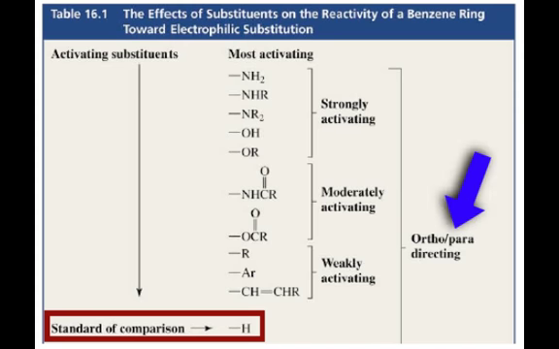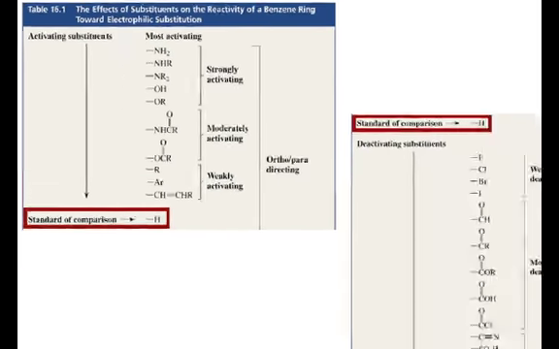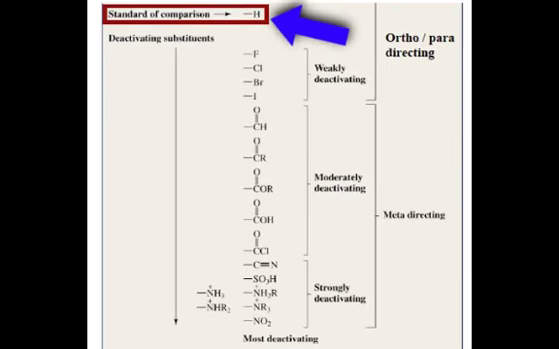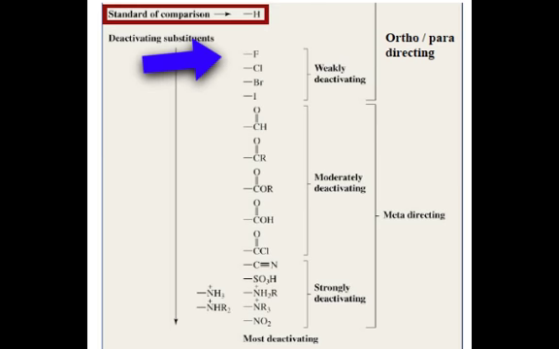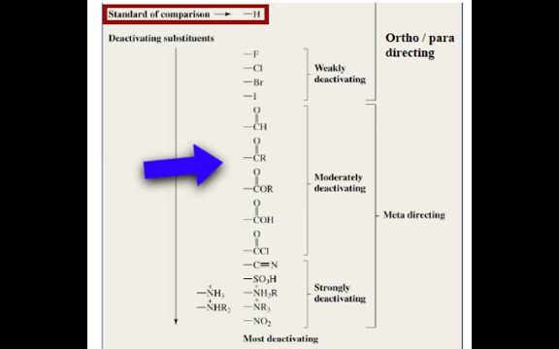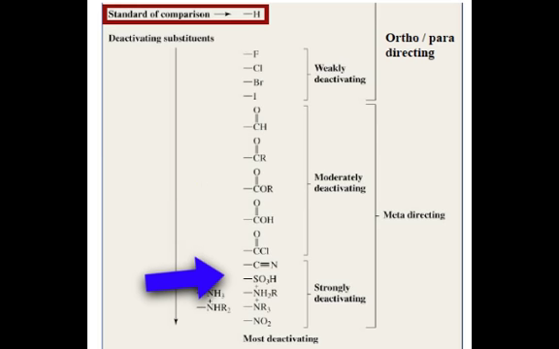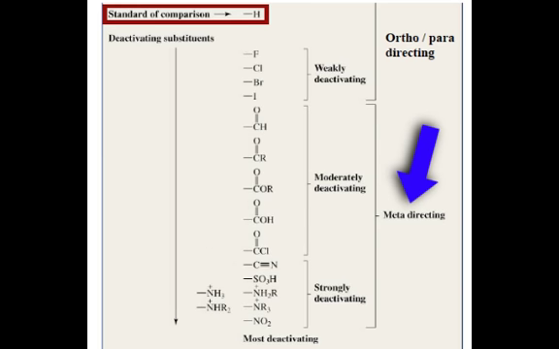These are all ortho-para directors. Based on that same standard of comparison, anything that's below the hydrogen atom is a deactivating substituent because it's electron withdrawing. These not only deactivate the ring toward electrophilic aromatic substitution, but these are all meta-directors as well once we get below the halogens.